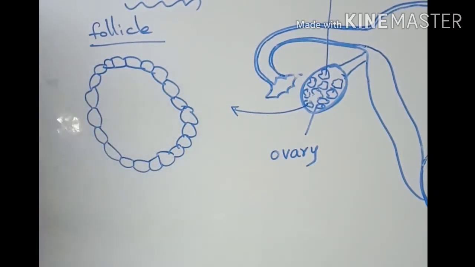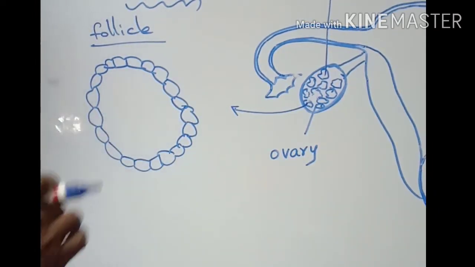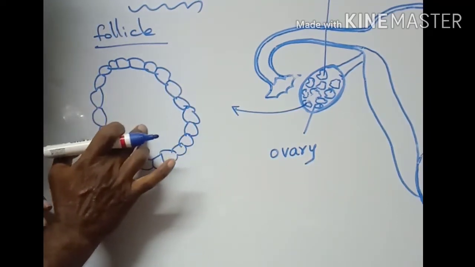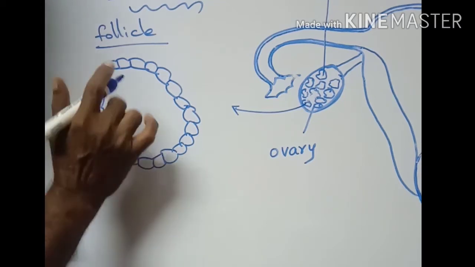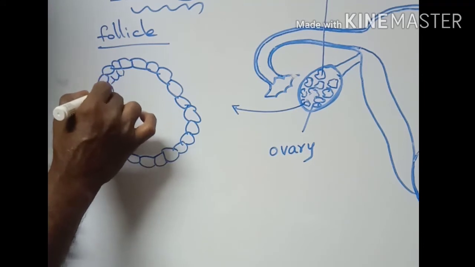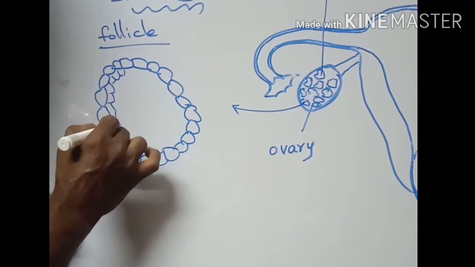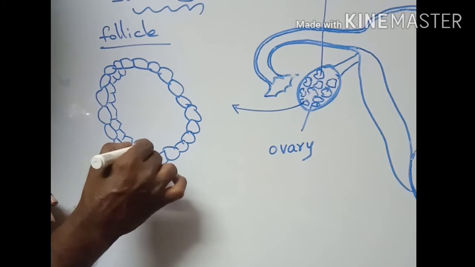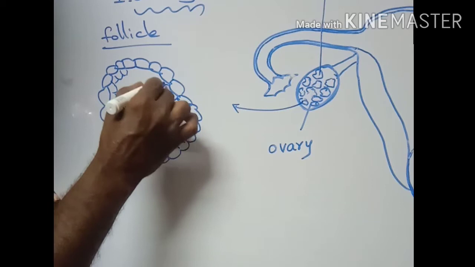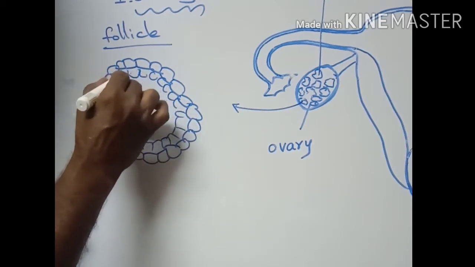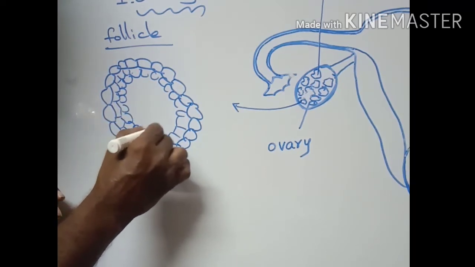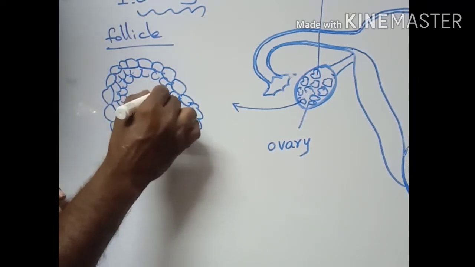Inside this follicle, several cells are present. So many cells are present inside, like this. So many cells are arranged in several rows, like this.